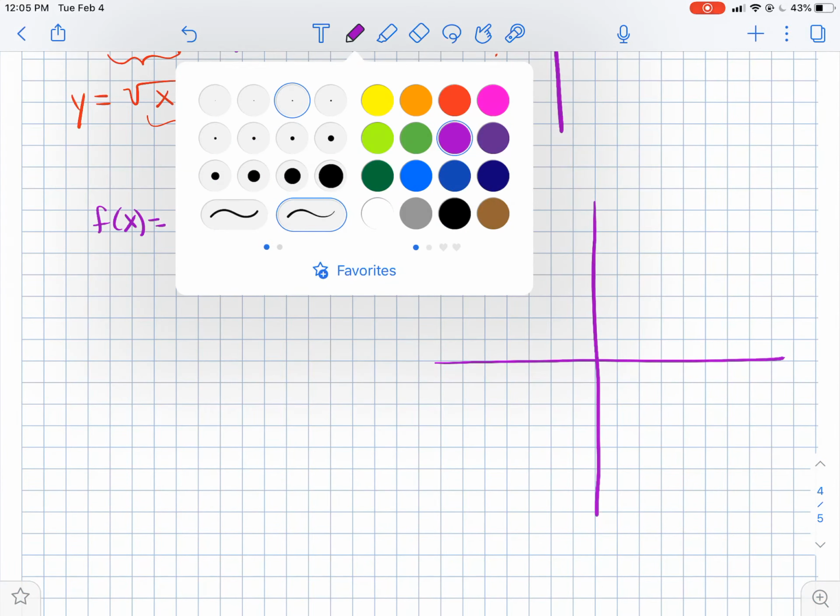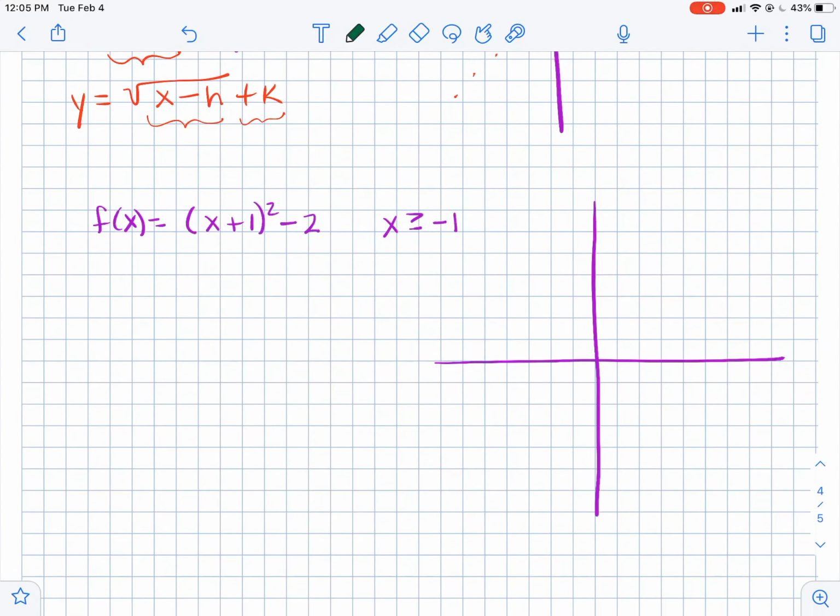So I am going to have a vertex, again, at -1, -2. You could do x-intercepts if you wanted to, or you could just plug a point in, or maybe just do a y-intercept. So your y-intercept here would be 0, what would that be? -1.